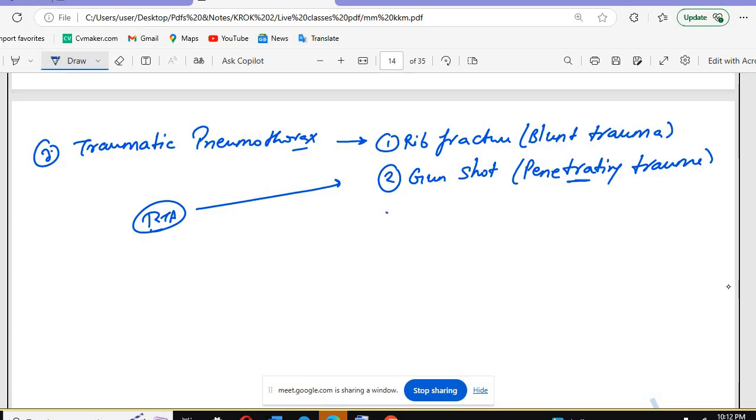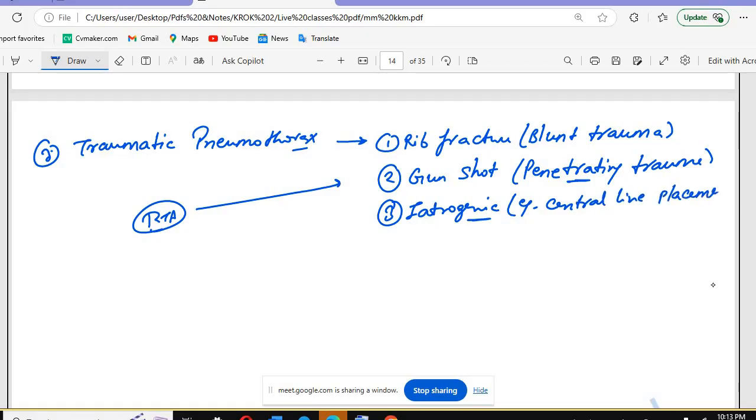Okay, and then it can be some iatrogenic cause. Iatrogenic basically, can you tell what is iatrogenic? It is due to any mistake by any medical staff, basically the doctor, but any medical staff can be there, like a nurse. So a healthcare worker basically. Others, for example, are central line placement.